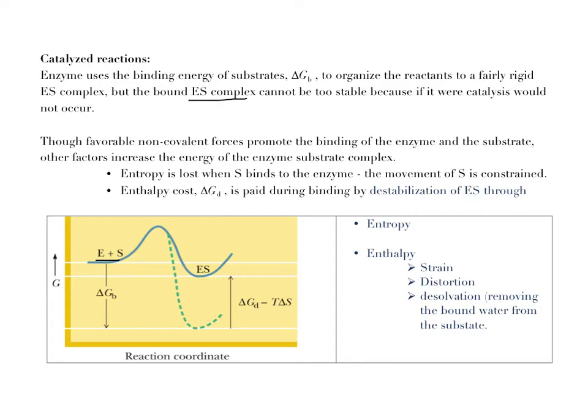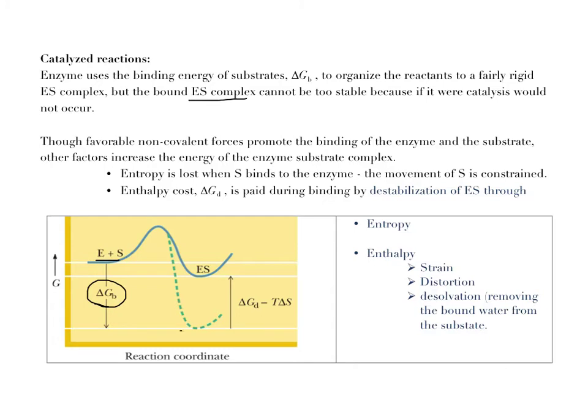And we might think that this binding, being favorable, occurs with some delta G of binding, and the favorability of this has to do with the fact that we're going to be forming those non-covalent forces that we discussed earlier on in the course. In other words, we're going to get this lowering of energy through hydrogen bonding, electrostatic interactions, the hydrophobic effect, and van der Waals, etc.